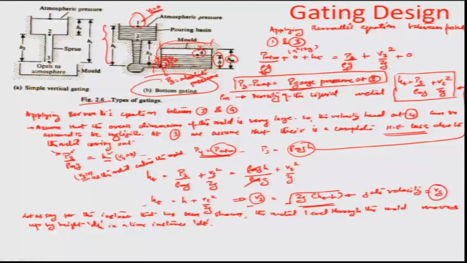So, I say that the height goes from h to h plus d h in time interval d t, while the gate is continuously feeding the metal, and the energy balance equation holds in that particular condition.